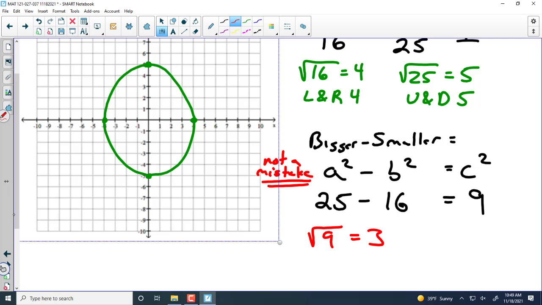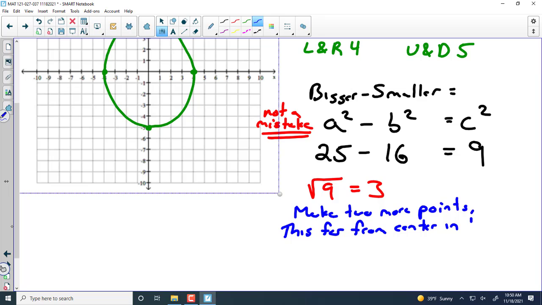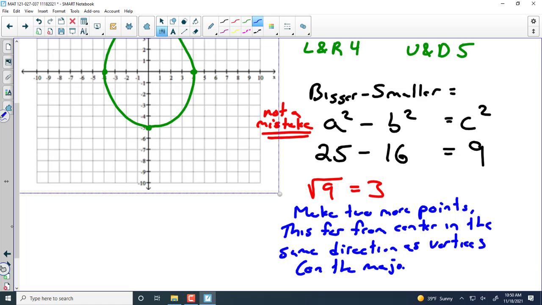So, make 2 more points this far from center in the same direction as the vertices on the major axis.